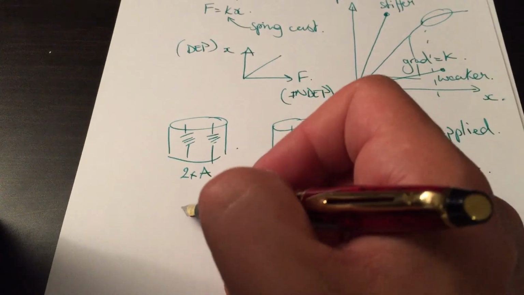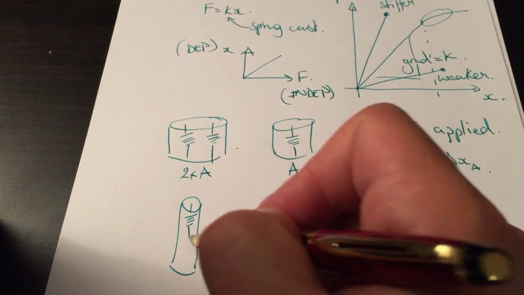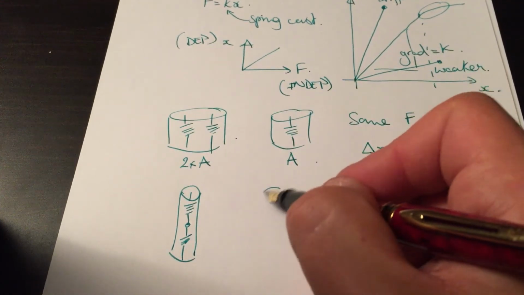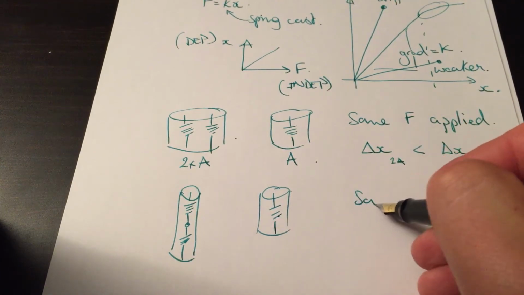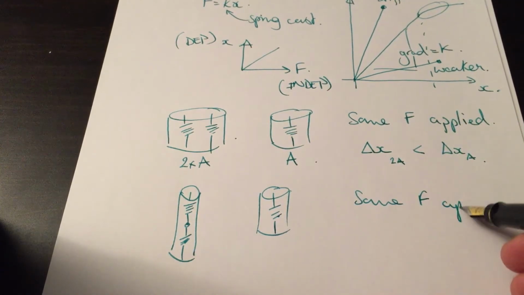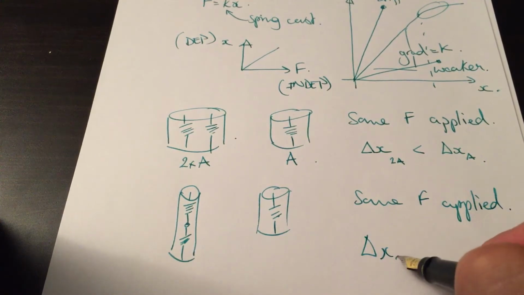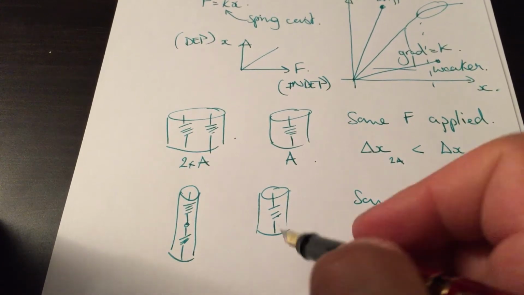And if I did a similar thing as well, and we placed those springs in series compared to just one spring on its own, and you applied the same force, then the extension of twice the length was actually greater than the extension of just one length.